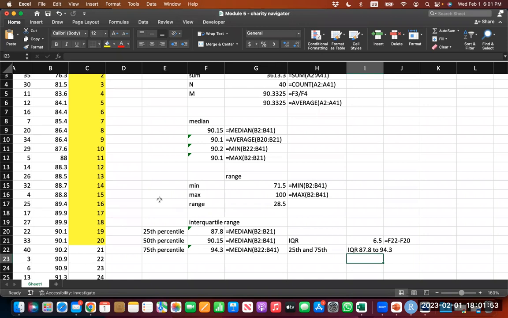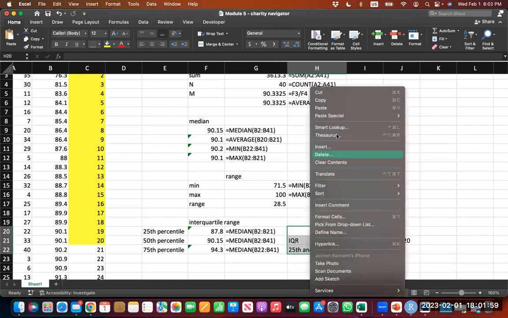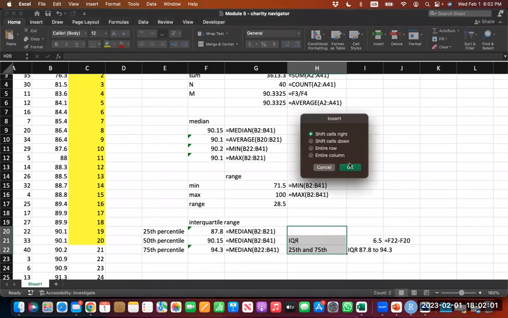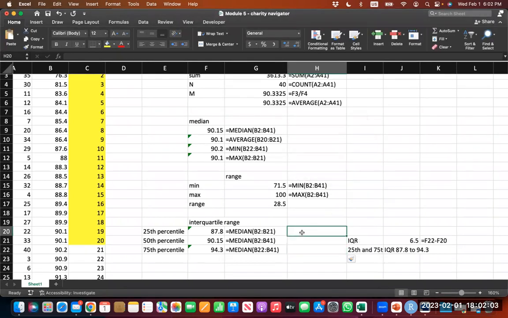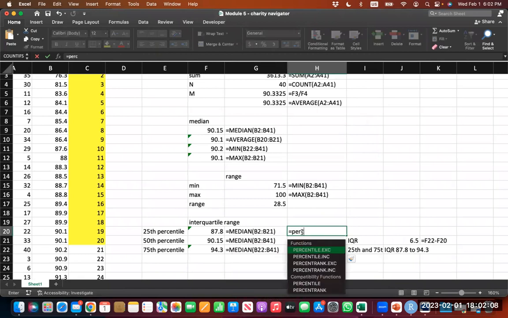If you write percentile, if you do the percentile function, you have percentile excluding and including. So this is percentile.exc.